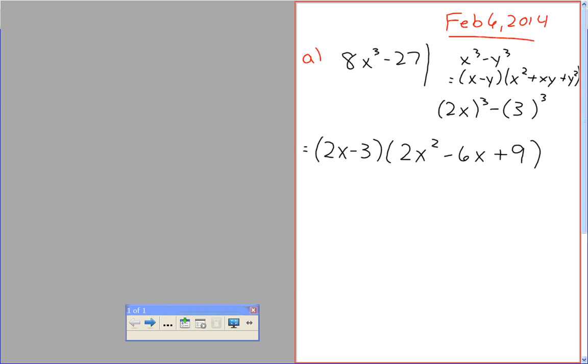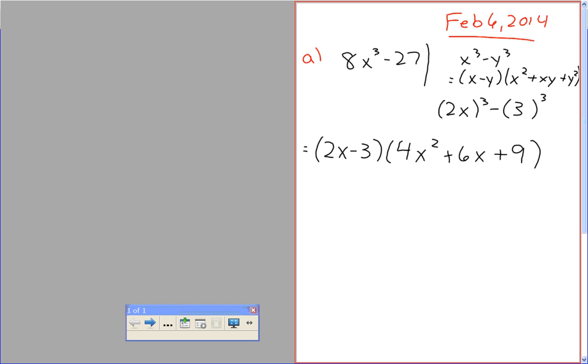This should be a plus 6 for sure, right? Because the equation says plus xy. Sam, what else? Yeah, 4x squared, because you're squaring this, right? Because x was actually 2x. So if you're squaring that, that's 4x squared.